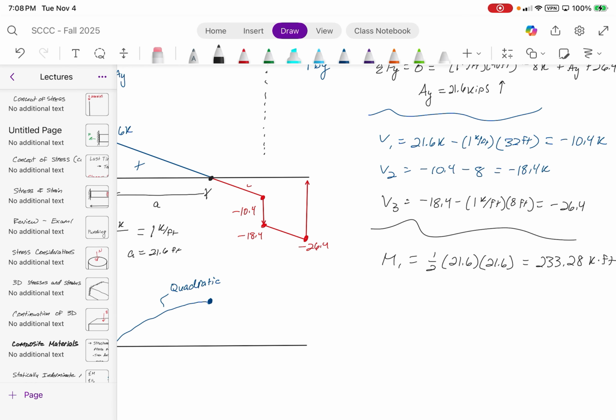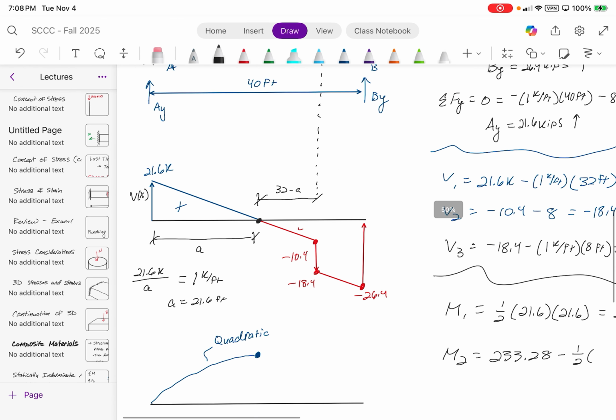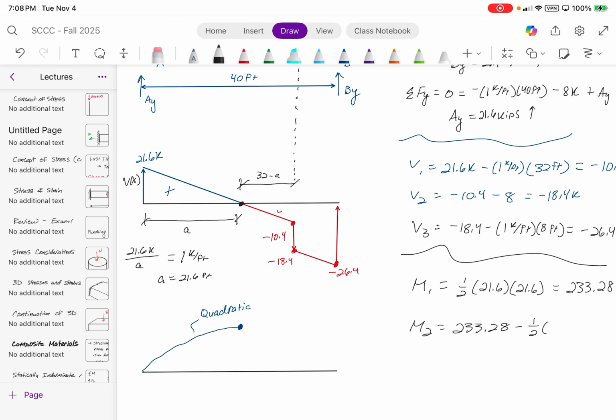From here, M2 is just equal to the existing bending moment, and then you subtract that additional area, which is from here to this point, 32 minus A, which is 10.4.